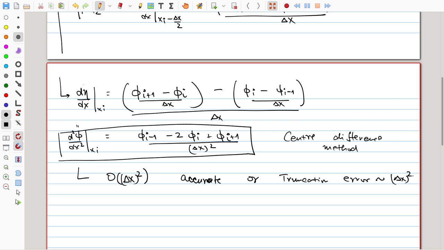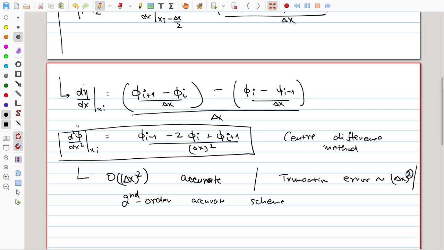Another way to say it is that this is a second order accurate scheme. Okay, so this is a scheme to discretize the derivative of second order. So it's second order accurate. The word second order here means that it is delta x squared.